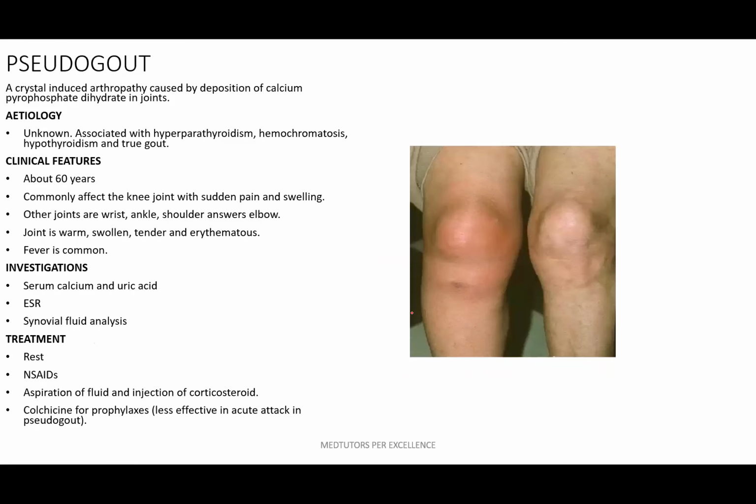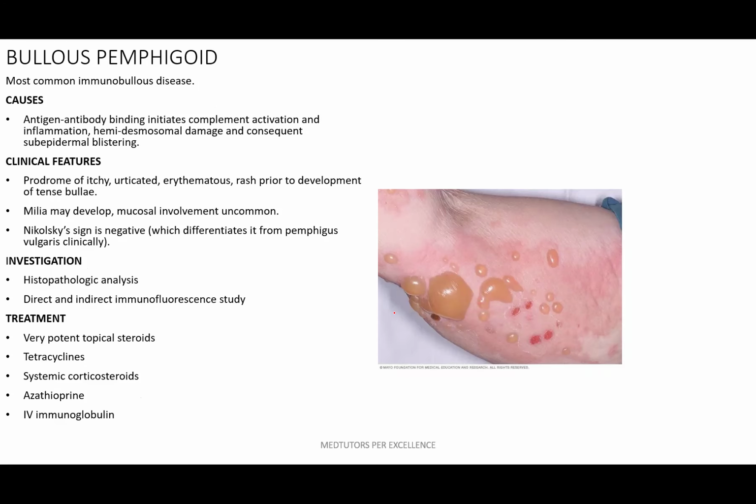So let me proceed. Now, this one is bullous pemphigoid, the most common immunobullous disease. They are antibody-associated diseases. Antigen-antibody binding initiates complement activation and inflammation. There's hemidesmosomal damage and consequent subepidermal blistering.